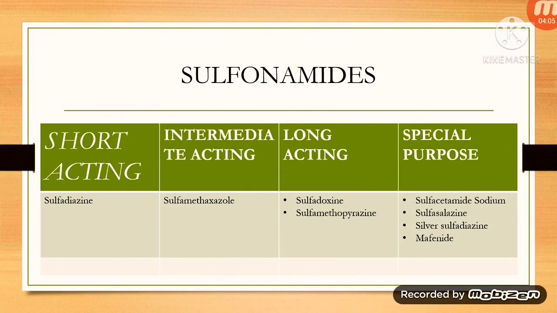Then classification. The sulfonamides are further classified into four categories: mainly three categories, and another one for special purposes. The first is short acting, then intermediate acting, and the last is long acting.